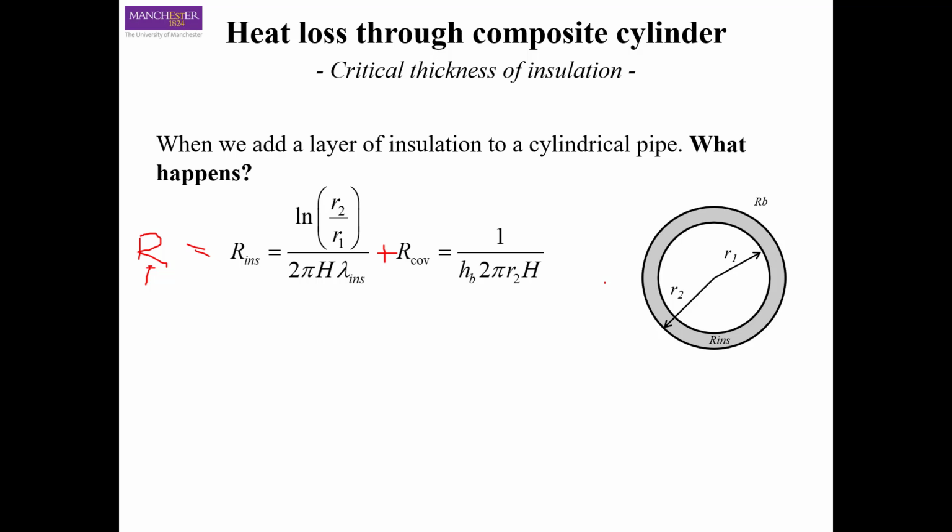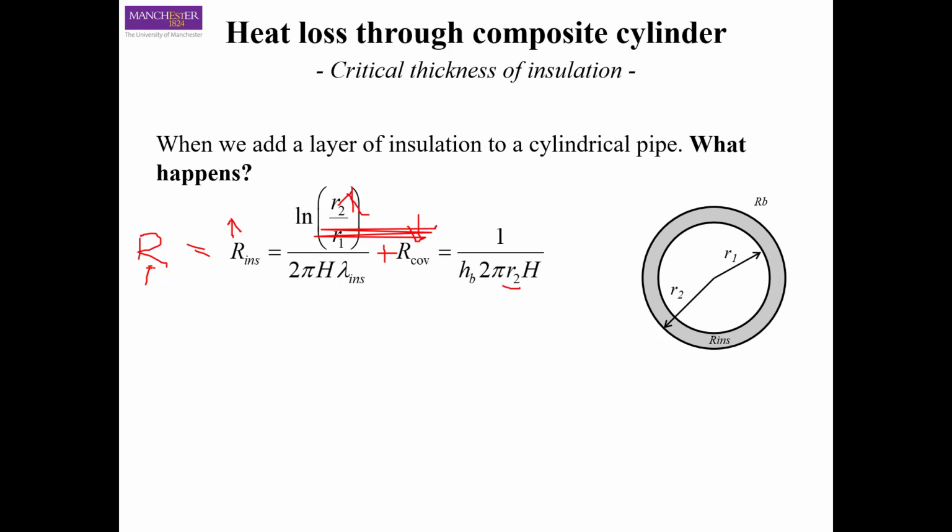But for cylindrical systems, it is actually kind of a paradox. When you are increasing R2, you are increasing the thickness of the insulation. So by increasing R2, you are increasing the resistance due to insulation, or the resistance due to conduction. But on the other hand, when you are increasing R2, you are decreasing the R convection.